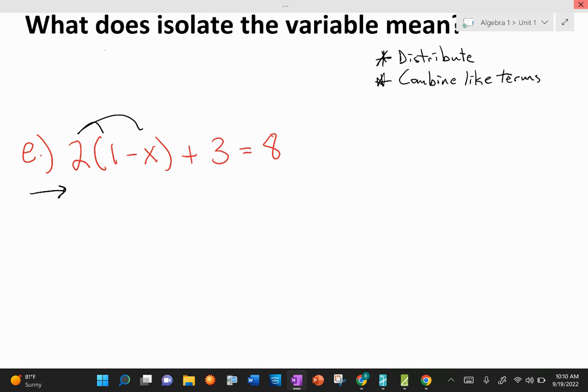Okay, so to distribute, we're going to take our number out in front of the parentheses. We're going to multiply it to each individual term. So 2 times 1 will give me 2.